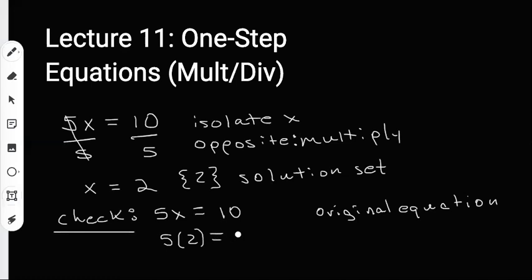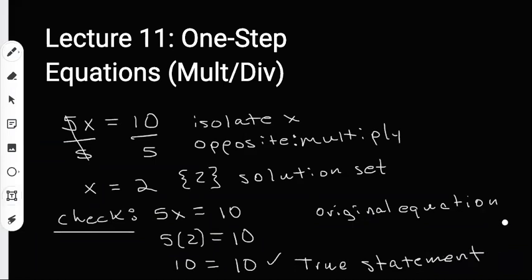The equal sign comes down, the 10 comes down, and I have 5 times 2 equals 10, and 5 times 2 I can simplify on the left side to get 10. So I get 10 equals 10, and that is a true statement. So I know that this one is going to work for me. That's the way that I know that 2 is the right solution.